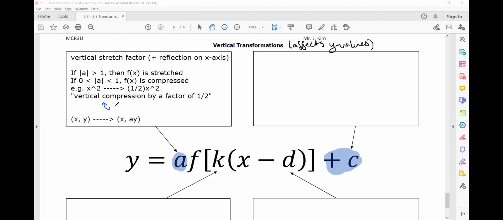You may want to write a little note. The way you talk about it verbally in words is you state what is happening visually. And then the number that you write here is what Y is multiplied by.